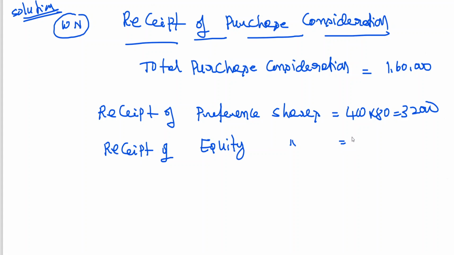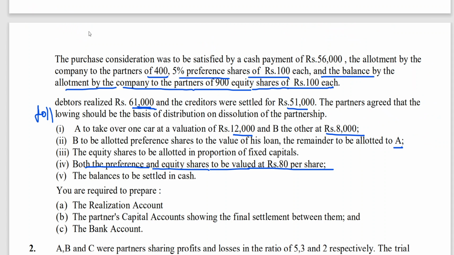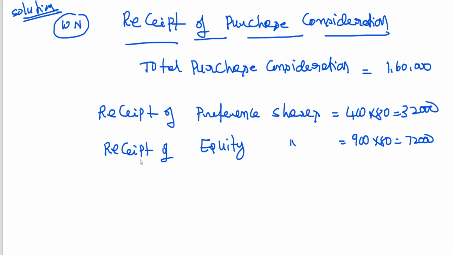Then they themselves have given that the balance is being paid in cash. Cash is 56,000. So you are getting 1,60,000. Clear to all of you?